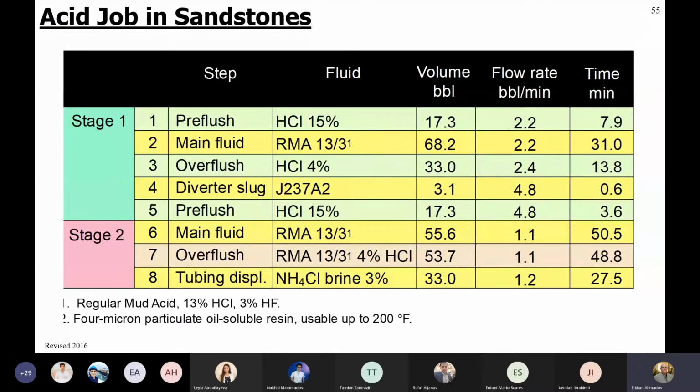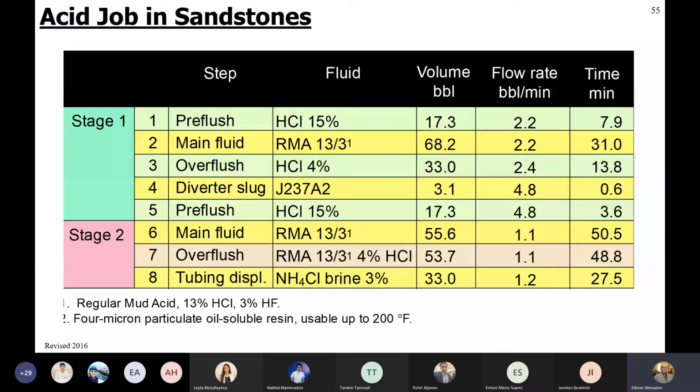We may also have added some additives to suspend those materials, those solids or fines, in the fluid.